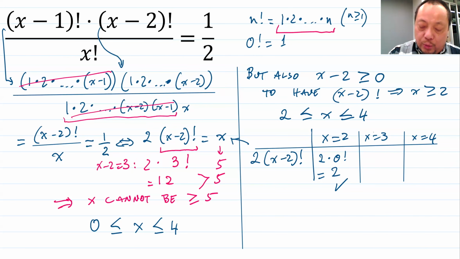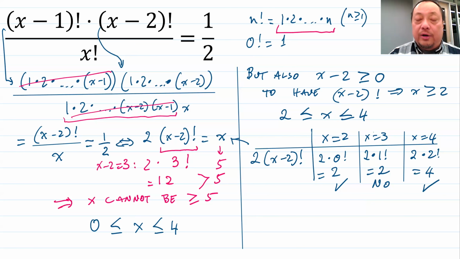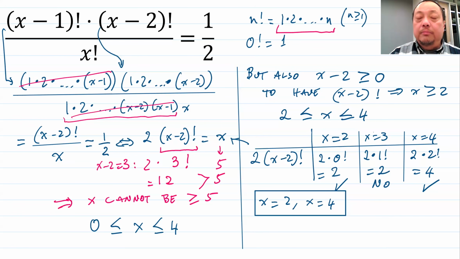When x equals 3, I have 2 times 1 factorial, and that's 2 times 1, which is equal to 2, so that's not good. And when x equals 4, I have 2 times 2 factorial, which is 2 times 2, which is equal to 4, so that's good. So I have my 2 solutions. Box it up.